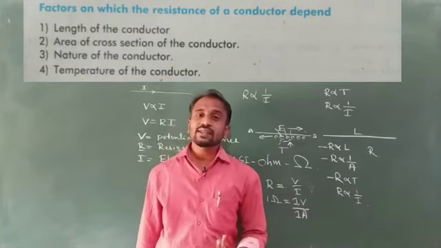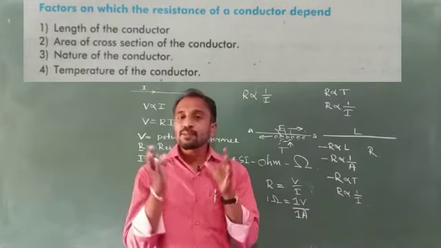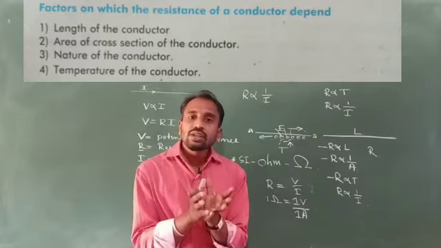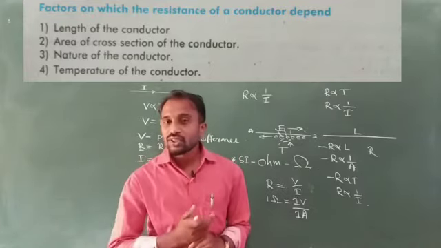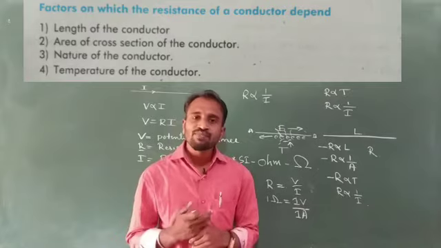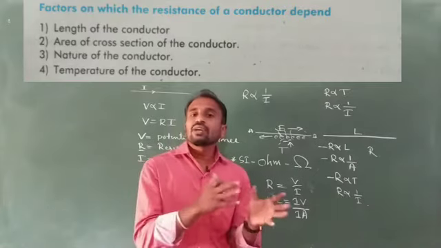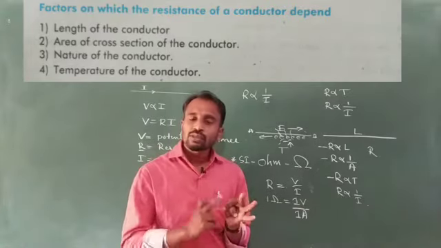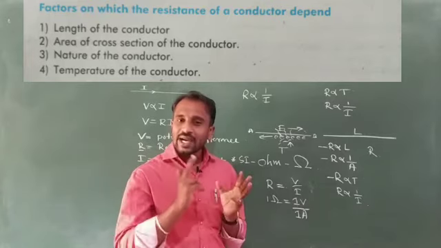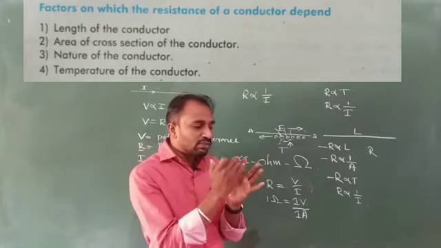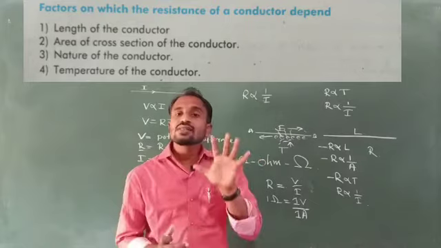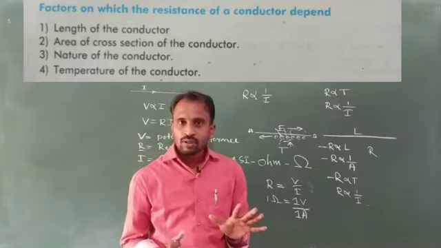Another one we consider is that resistance depends upon the material of a conductor. For example, different metals like copper, aluminium, gold, silver, iron are different materials having different resistance values.